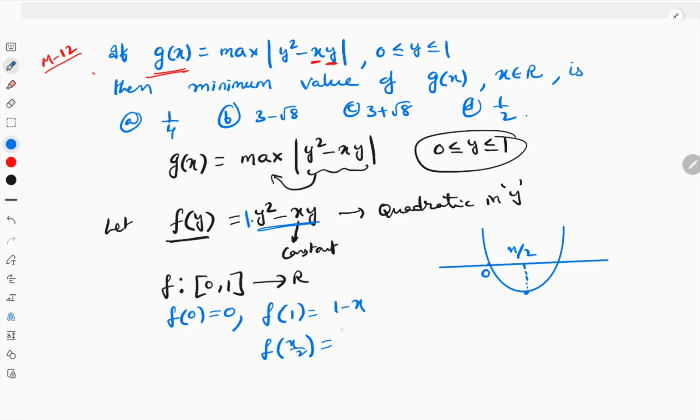If you substitute, x square by 4 minus x into x by 2, that is x square by 4 minus x square by 2, which gives minus x square by 4. So the coordinates of the minimum point are x by 2 comma minus x square by 4.